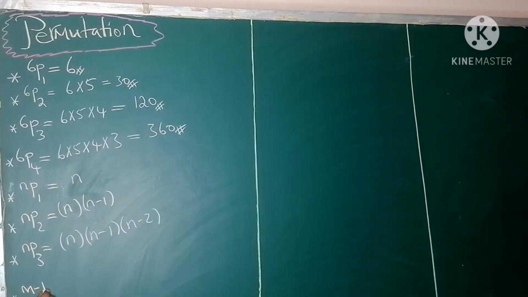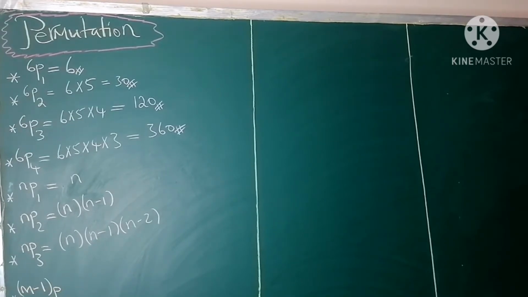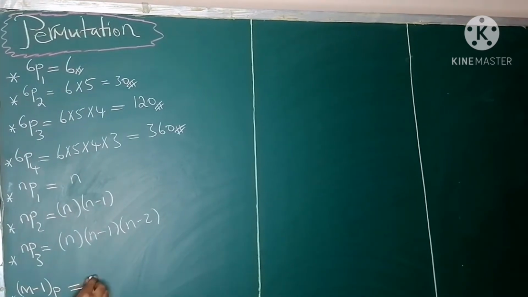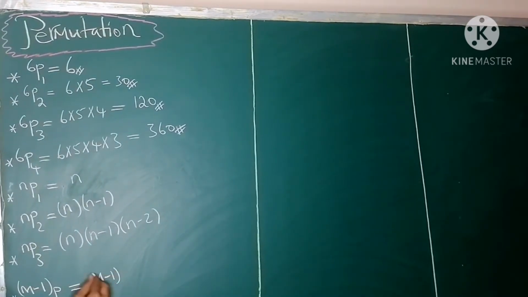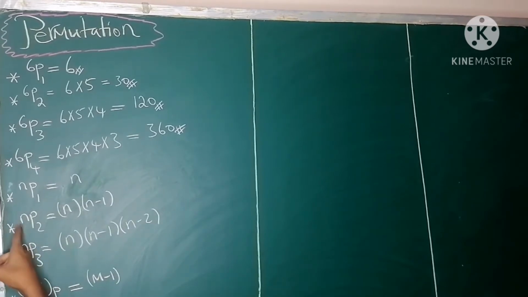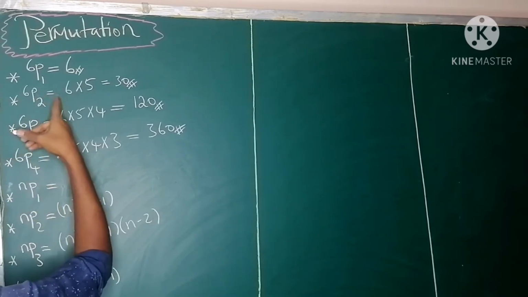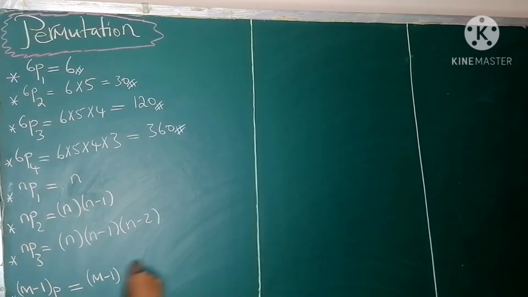Let's take another one: (m minus 1)P3. The first factor is m minus 1. You have to realize that always what is written first is the first factor. Then we subtract 1 every time until we reach 3 factors.